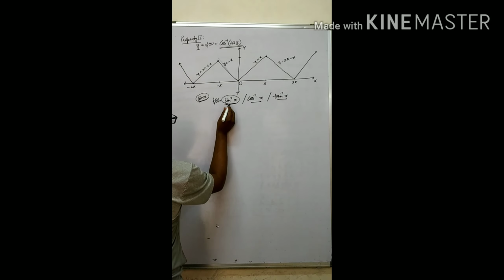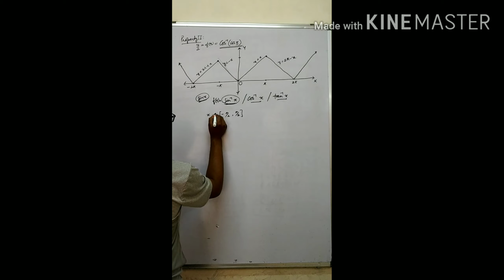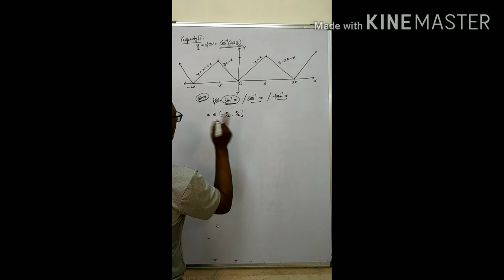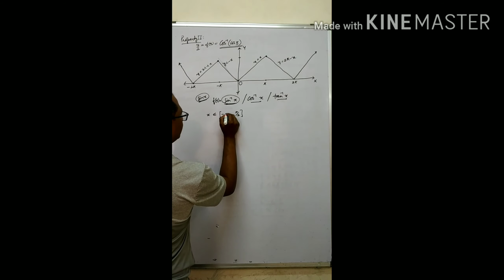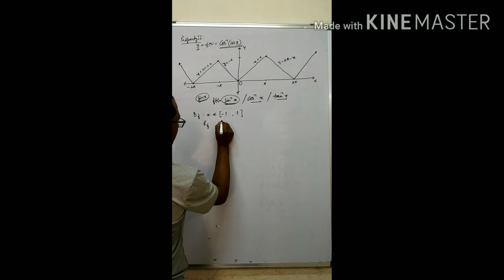Its domain is minus pi by 2 to pi by 2? No, the domain is minus 1 to 1. This is the domain of f, and the range of f is minus pi by 2 to pi by 2.